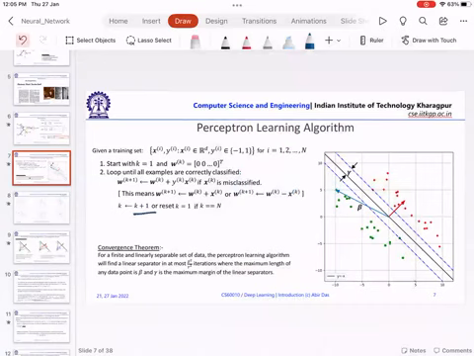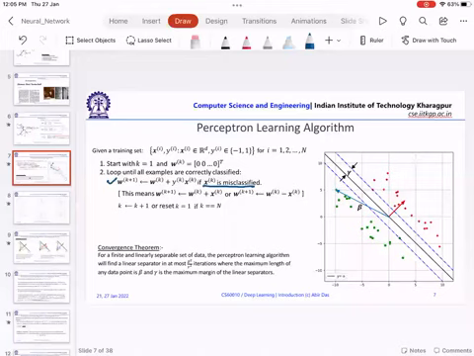It says that you perform this update, which is new W is old W plus Y times X, only if XK is misclassified. The algorithm stops when all the training examples are classified correctly.